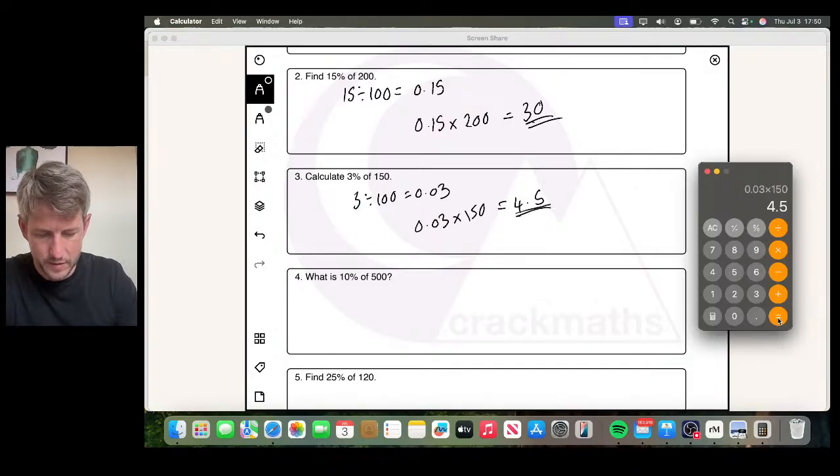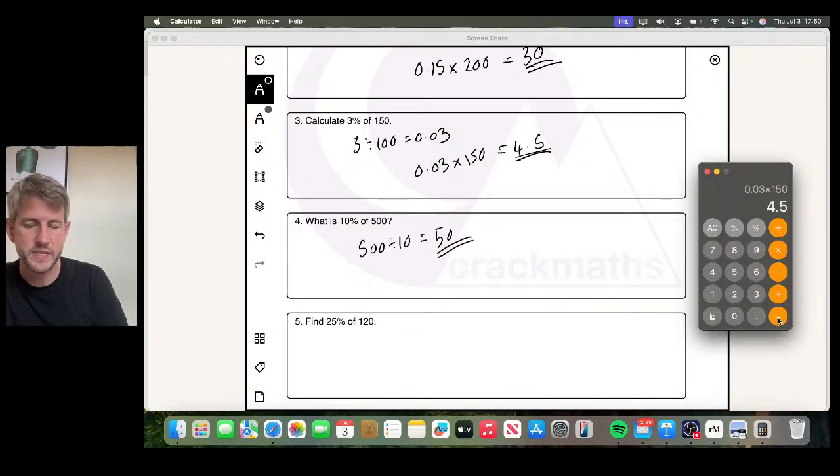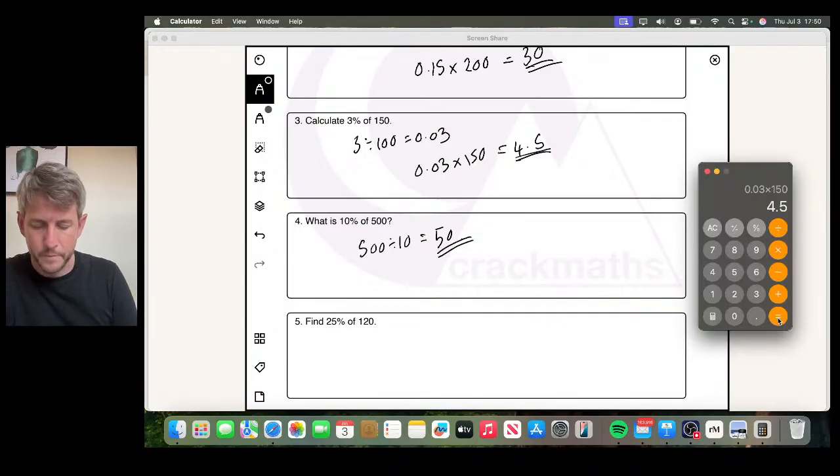Okay. Next, we've got 10% of 500. Well, I know that to find 10%, we can do 500 divided by 10 equals 50. So therefore 10% will be 50, because always to find 10%, we divide by 10. Next here, we've got find 25% of 120.